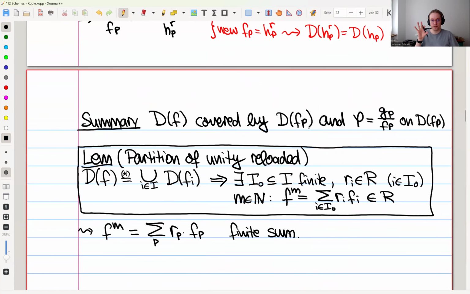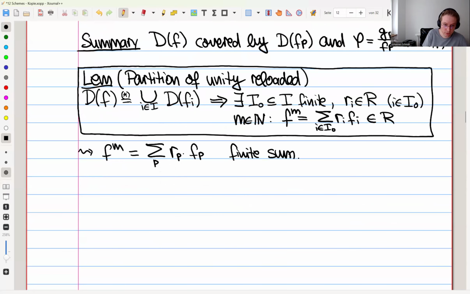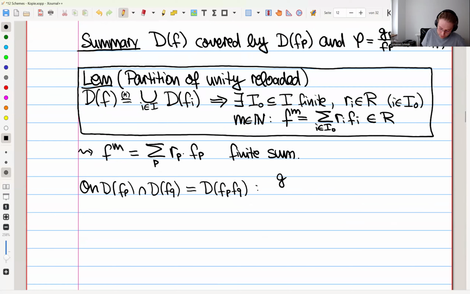So until now, we have just treated every point P separately and manipulated this representation here. But now, of course, what we need to use is that all of these representations glue to the same function. So in other words, on the overlaps, so on D of FP intersected D of FQ, which, as before, is just the same thing as D of FP FQ, we have that these two representations both give the same function phi.